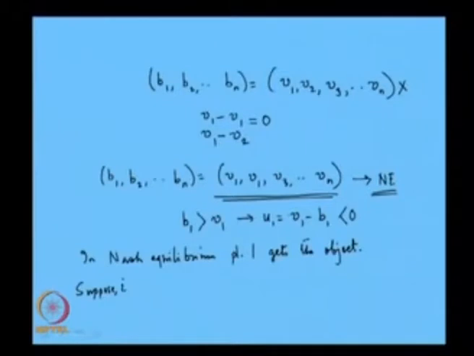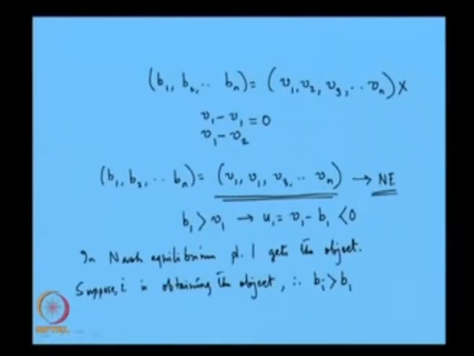And if I is getting the object, then it must happen that B I is greater than B 1.